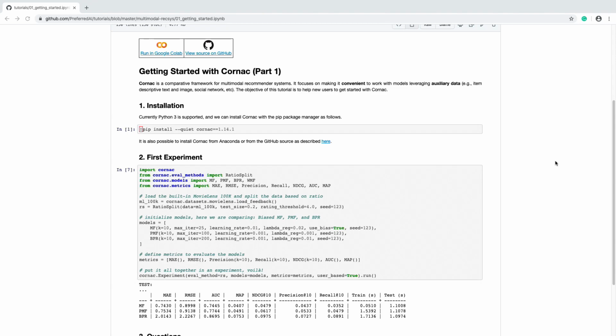As you can see, we just need to call and instantiate these 3 models with their parameters. Of course, the objective here is not to find the best parameters ever. By the way, Cornac offers hyperparameter search modules that help you do hyperparameter search in a very convenient way as well. So you can have a look at that if you are interested.